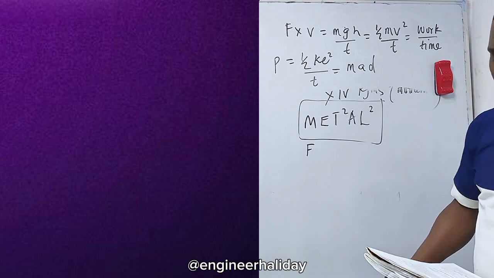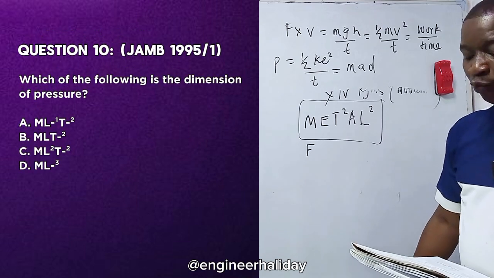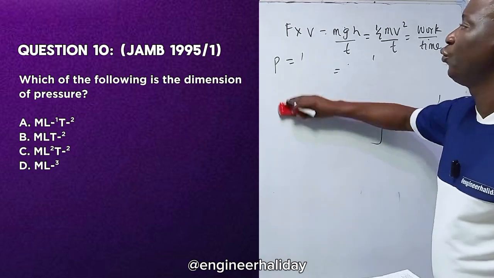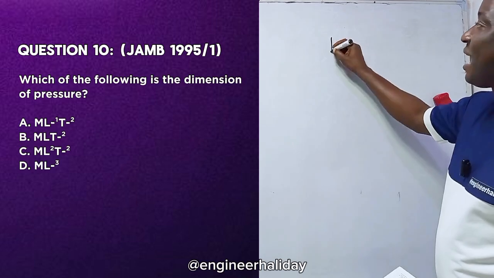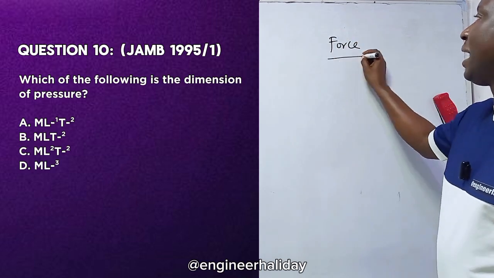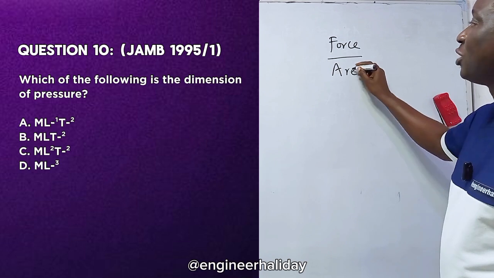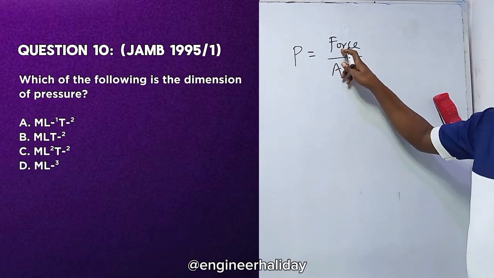Let's go to number 10. Which of the following is the dimension of pressure? Pressure is equal to force over area. If there is any dimension that you must cram before going to the exam, it is force.